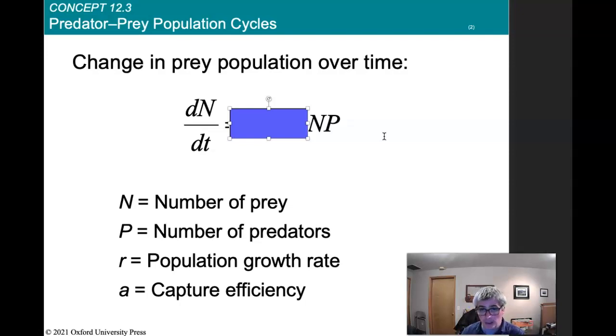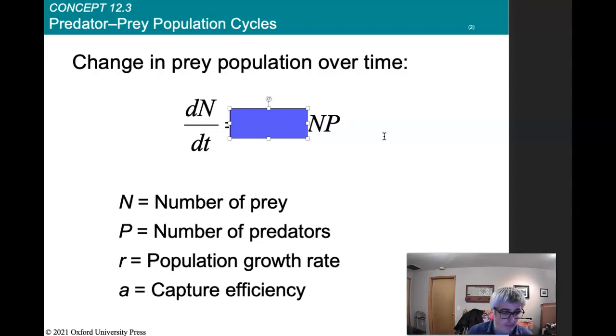If you have very few prey and predators, the likelihood of interaction is less. And so that's why it's a multiplied term: number of prey times number of predators. So for a given number of prey, if we increase the number of predators, there's more likely going to be an interaction.